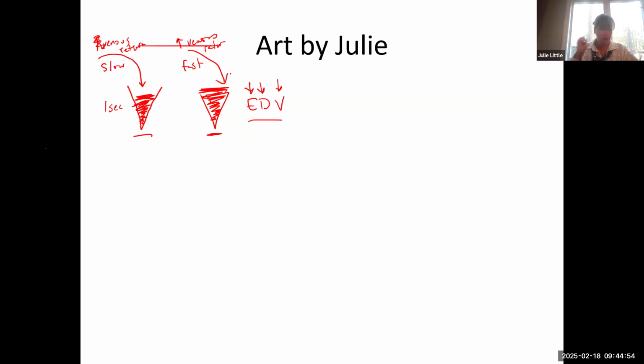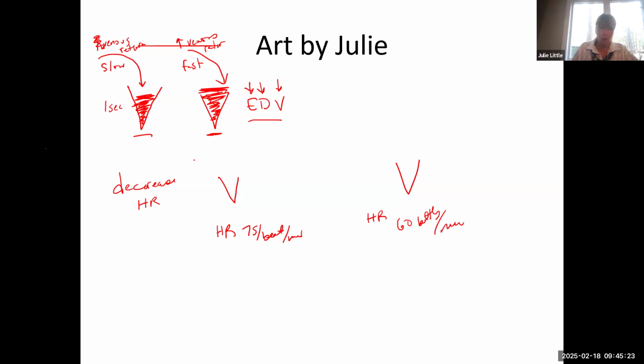The second thing that increases end diastolic volume is, what if we decrease the heart rate? Say the heart rate is 75 beats per minute, or the heart rate is 60 beats per minute. We're pouring blood in here at the same pace. Ignore venous return now.